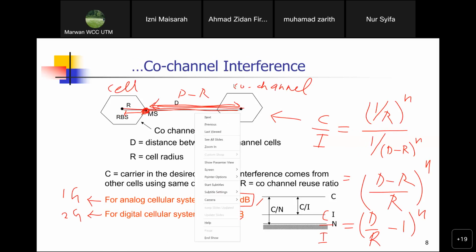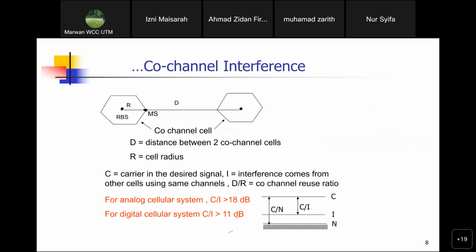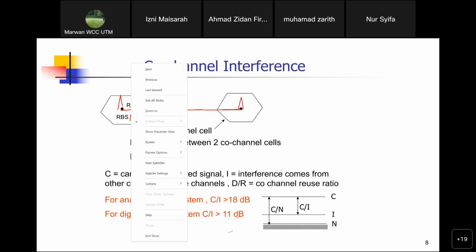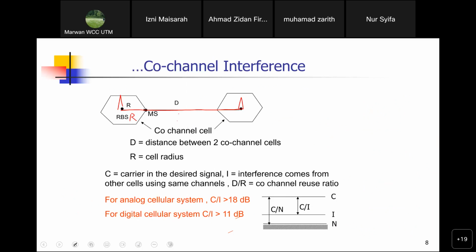Okay, so in here, they have a topology where the mobile station is in a straight line between the two towers. So now we can have straight away this is R and this is D minus R. Because of that, C over I is 1 divided by R^n, divided by 1 divided by (D minus R)^n.